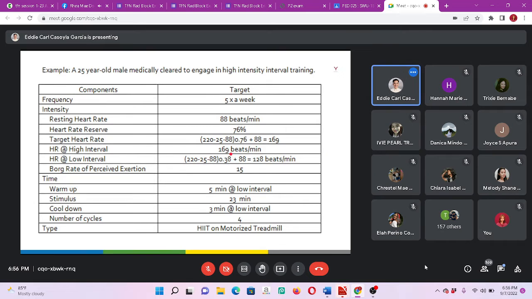169 beats in 1 minute. Okay? And if ever, in the first cycle, it is lower than your original heart rate at high interval, what I need you to do is to make some adjustment.